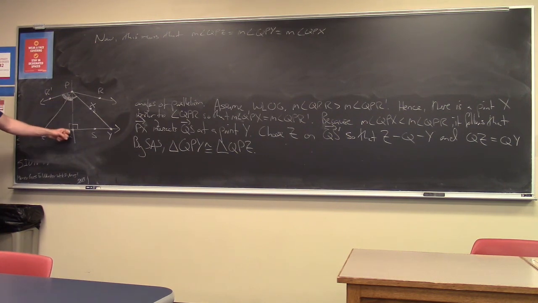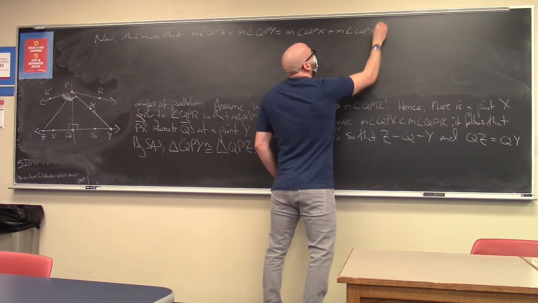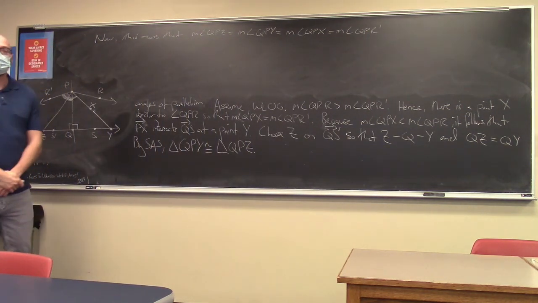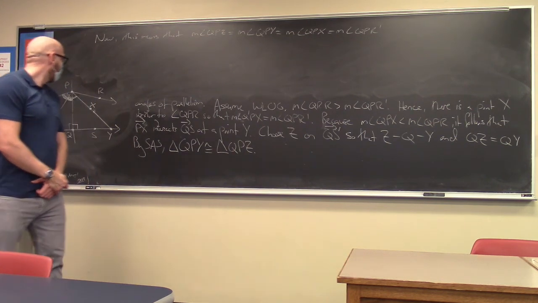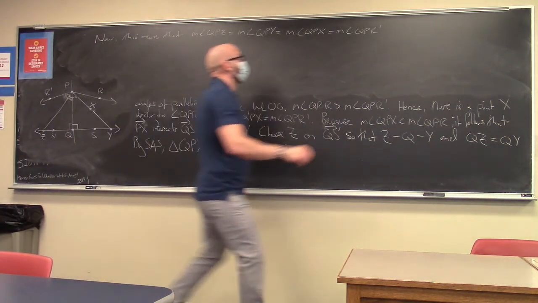So that's the same as the measure of angle QPR prime. Right, so this angle QPZ and QPR prime, those are the same angle. Therefore, these are the same rays, and PZ is not the ray that gives us the angle of parallelism. So there's our contradiction.